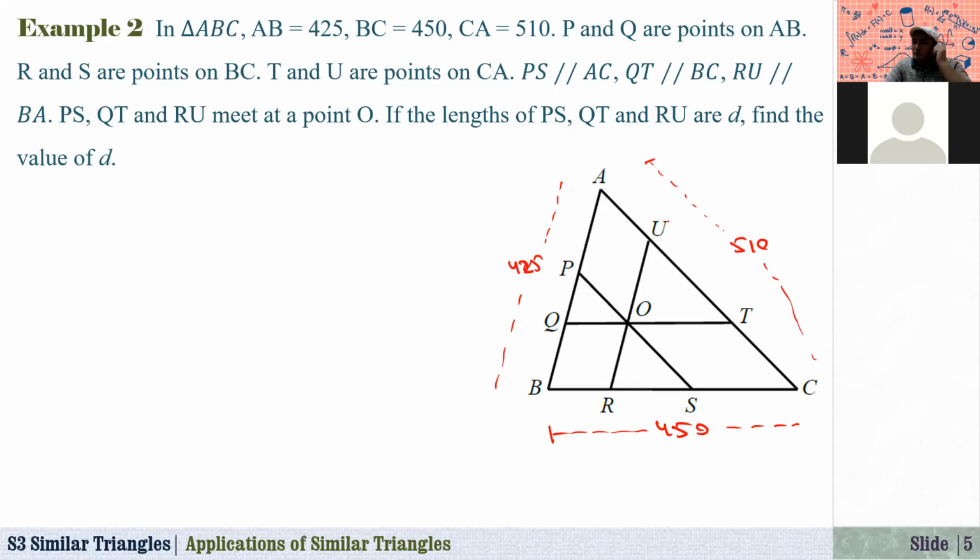Anyway, P and Q are points on AB. So see here, point P and point Q are points on AB, and R and S are points on BC.